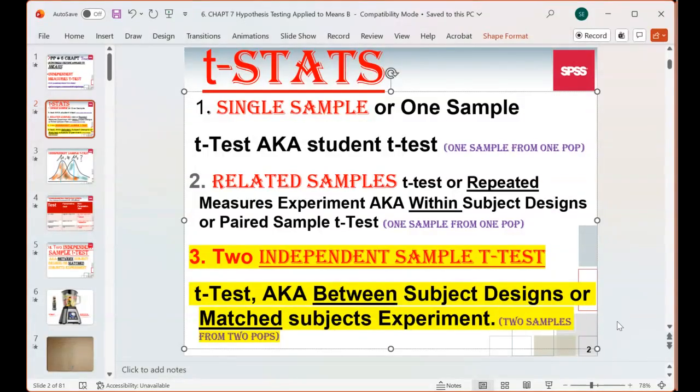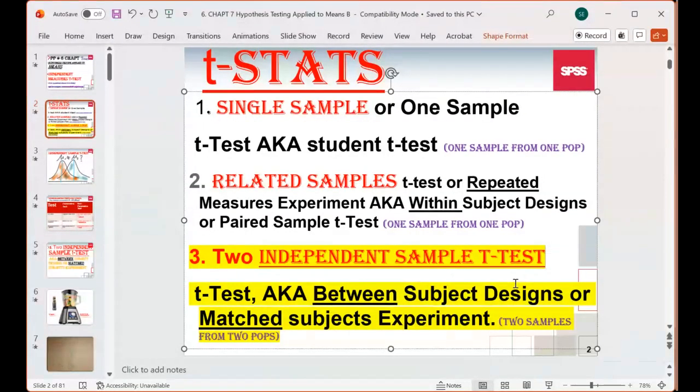And just like the name suggests, independent or two independent, that means you got to have two groups or two different samples. Like you compare AU students with FIU students. Two populations, two samples, two of everything.